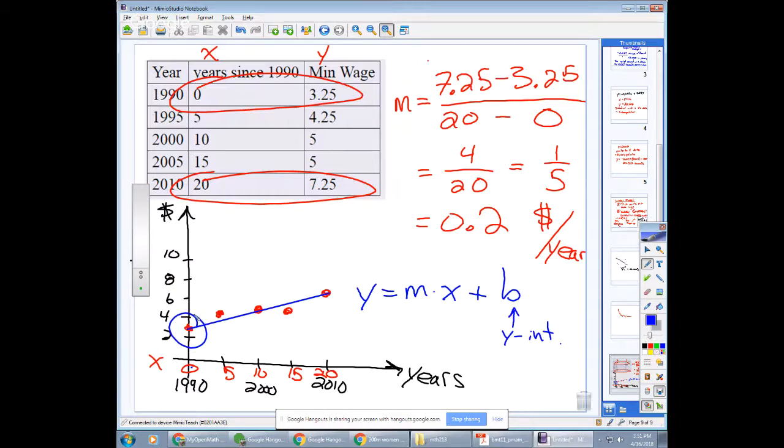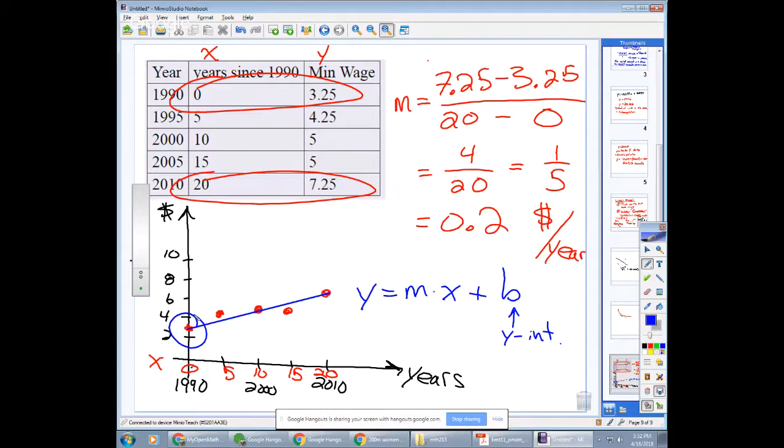That's another thing. It's way more convenient to say, hey, let's let this just be years after whatever. So for example, with the world record times, if we chose to say, let's let this be years after 1900, it would have been way easier to do, or even better, 1948, because then 1948's time gets to be our y-intercept. Okay, so that's usually what people do in situations like this.